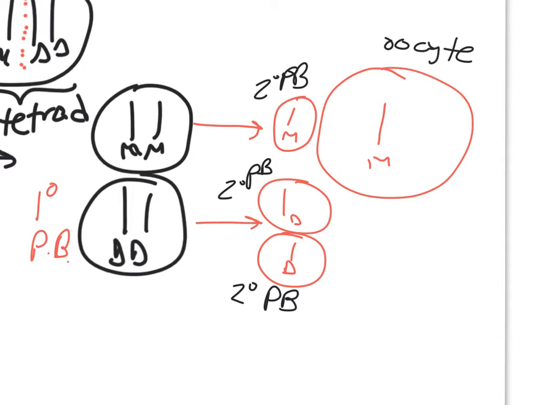So, bottom line, female meiosis is asymmetrical. You start with one tetraploid cell, you wind up with one huge cell, that's the oocyte, and three little tiny ones. Those are the polar bodies. So you get one functional oocyte out of meiosis in women, you get 4 functional sperm out of meiosis in men.